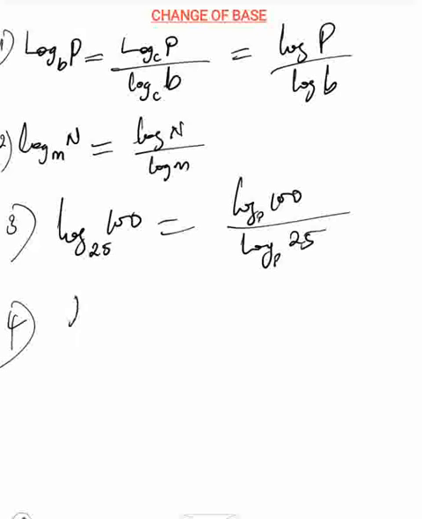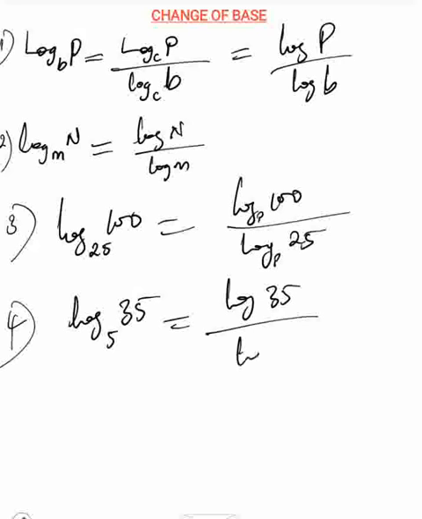So if we have log 35 base 5, we can have it as what? Log 35 over log 5. So this is how we transform the base, or we change the base of logarithm.